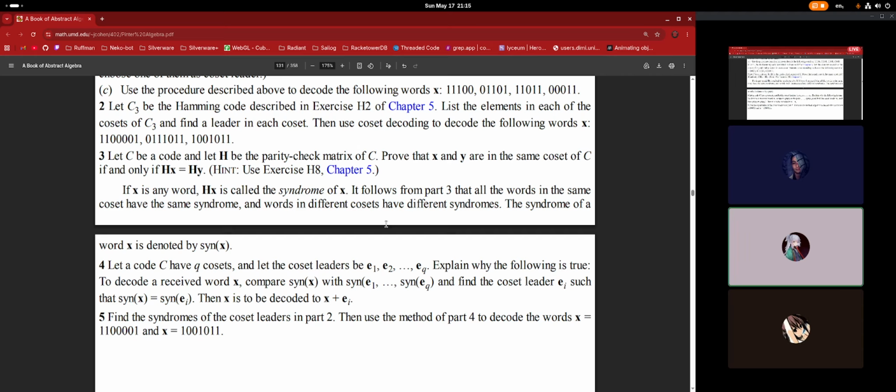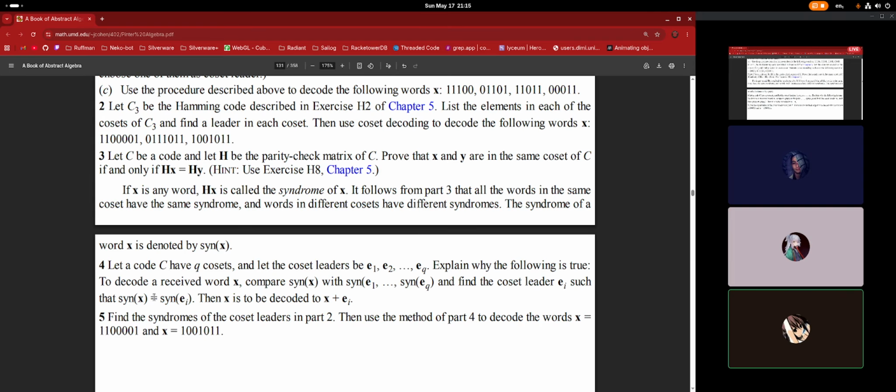Then you just pick the leader for the coset that X is in, basically. Well, but what does it have to do with the syndromes being the same? What you said I understand, but that doesn't imply this equality as far as I can tell.